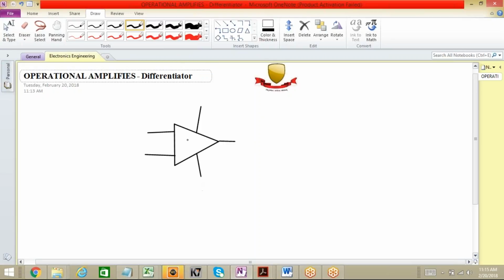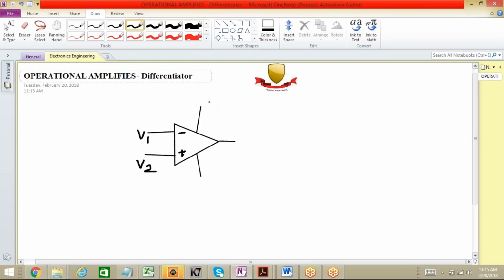Here we have a negative sign. Here we have a positive sign, right? This is V1 input voltage. This is input voltage V2.